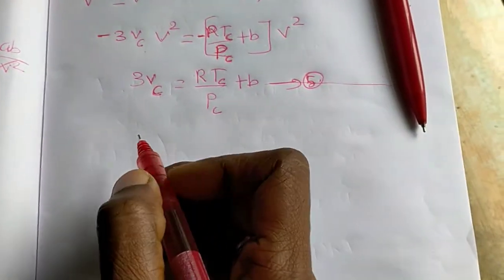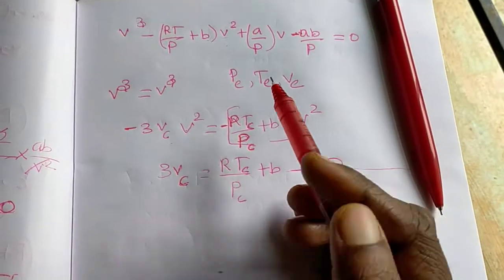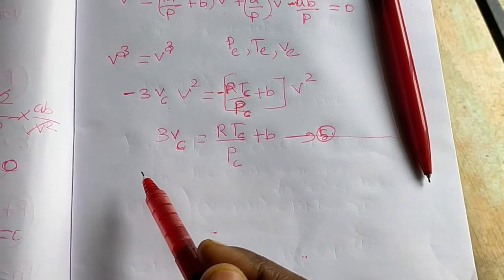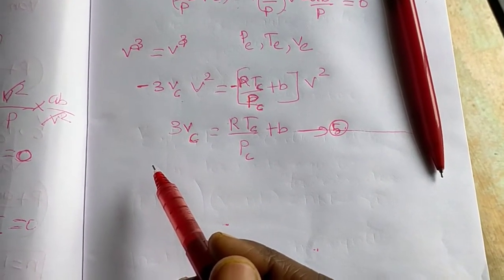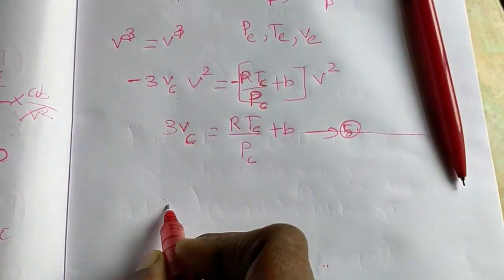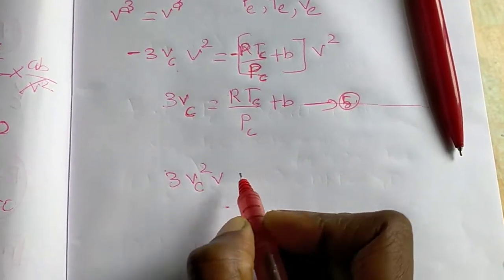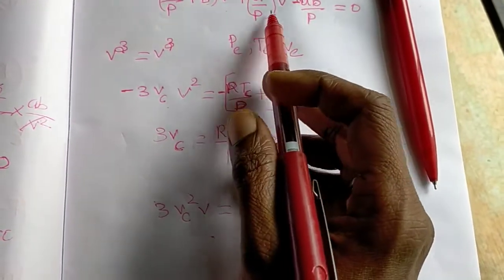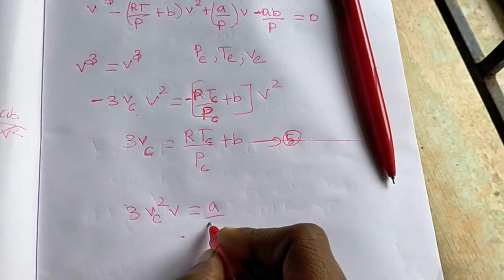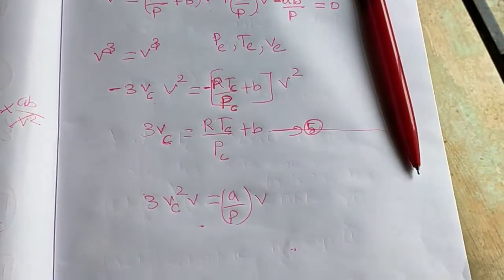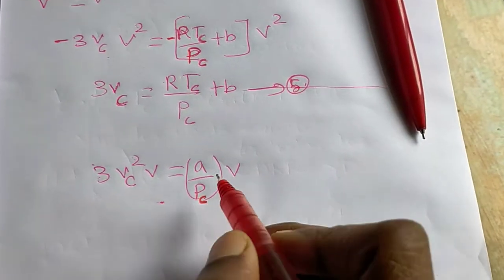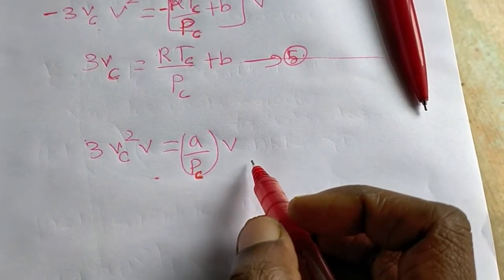Then write the next one. Equalize the V term with the V term of the cubic equation. What is the V term of the cubic equation? 3Vc square V. So write 3Vc square V equal to the V term, A divided by P into V. Here also you have to write Pc, and for T you have to write Tc.